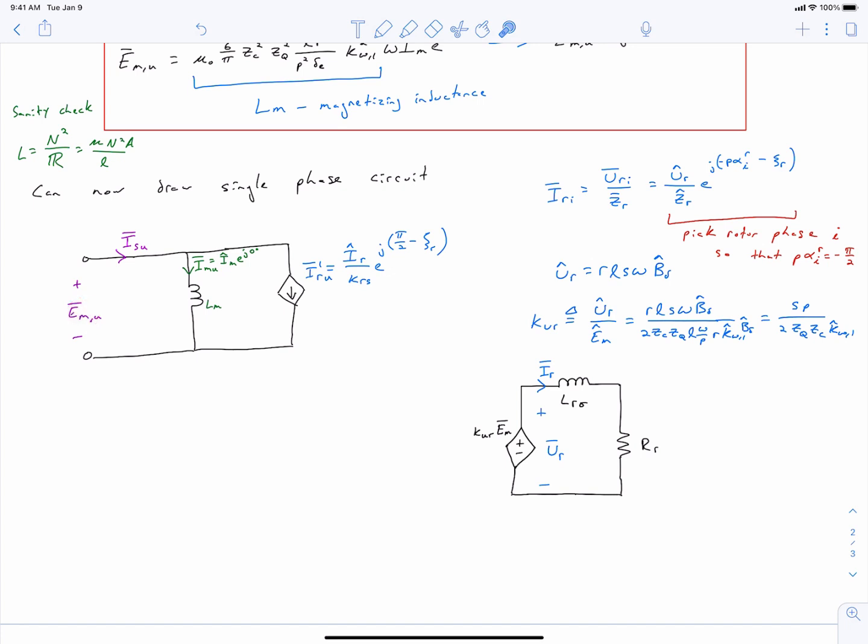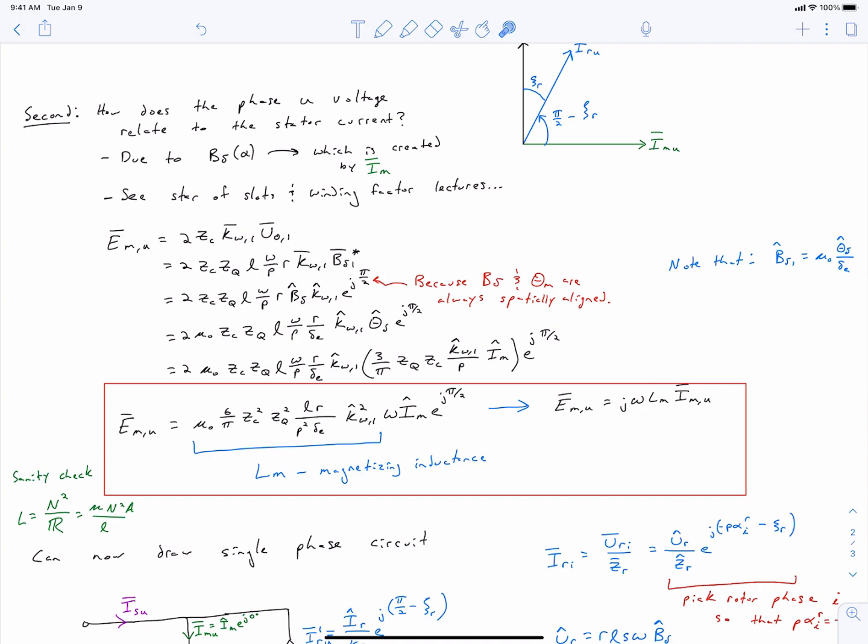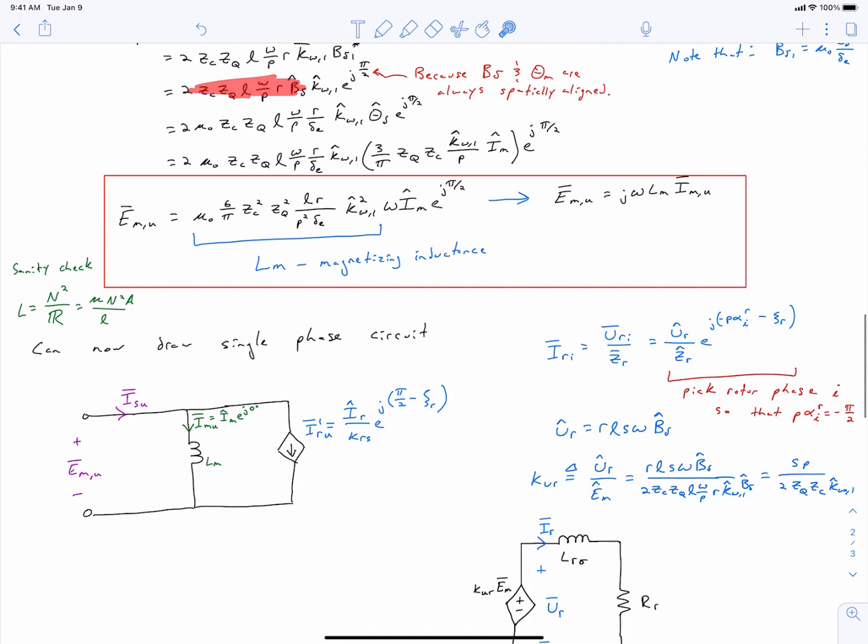So that's what we've done here. We've got this quantity up here, right? And now we can say, okay, our back EMF, we just derived it up here, was related to B delta like this. So we've got this down here.